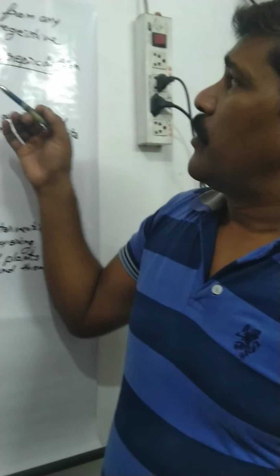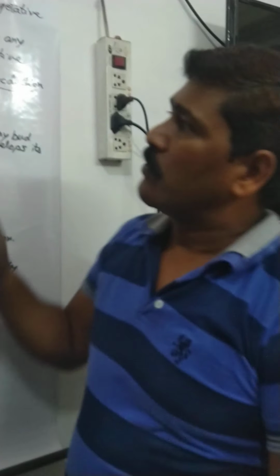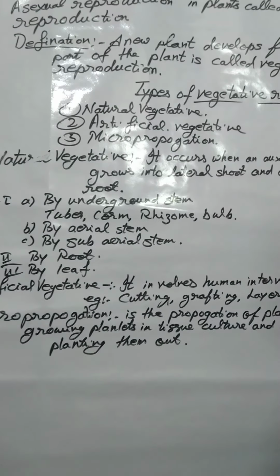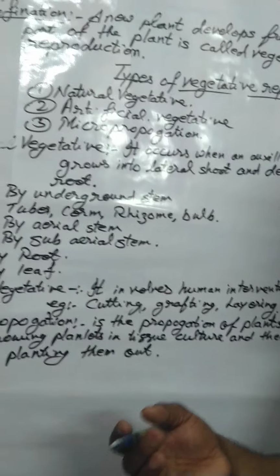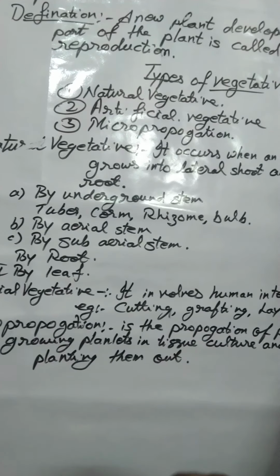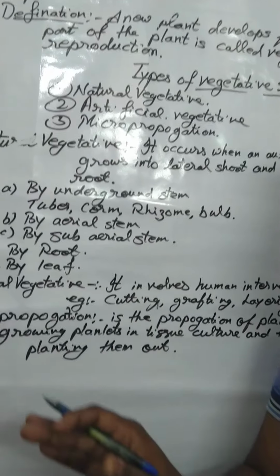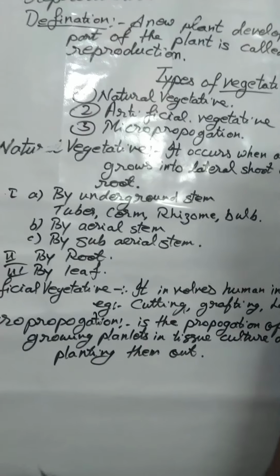Now, the next thing is the types of vegetative reproduction. There are three types of vegetative reproduction. First one is natural vegetative reproduction. Natural vegetative means that it takes place by itself. No role of any other living being.